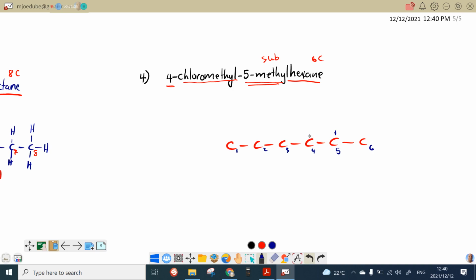And then on carbon number 4 you've got the chloromethyl group. Let's see if we count, 5-methyl hexane.